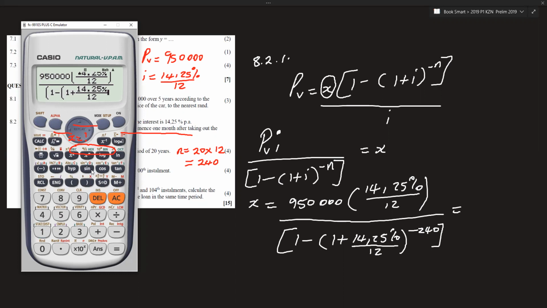Then we close, and then to the power of negative 240. Then we close that bracket. All right. Then our answer is going to be R11986.33. That is our answer for the X.